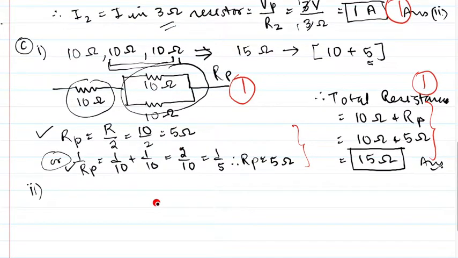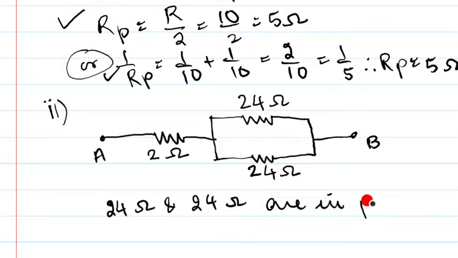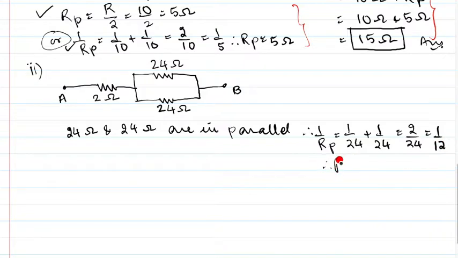Calculate the equivalent resistance between A and B. For a question like this, always draw the rough diagram first, and then you will say that 24 ohm and 24 ohm are in parallel. Therefore, 1 upon Rp will be equal to 1 upon 24 plus 1 upon 24, which will be 2 upon 24, which is 1 upon 12. So therefore your Rp is equal to 12 ohm.